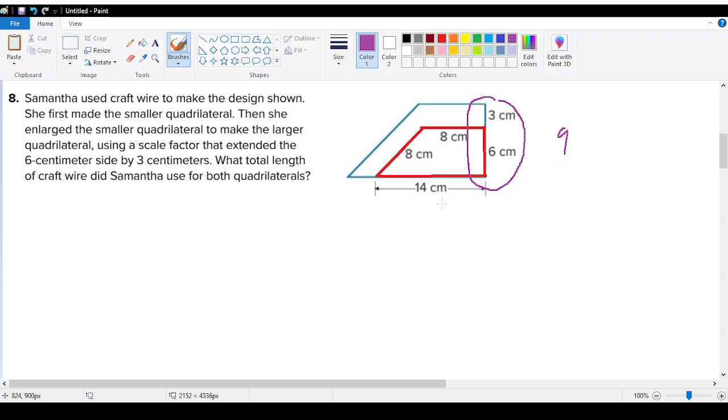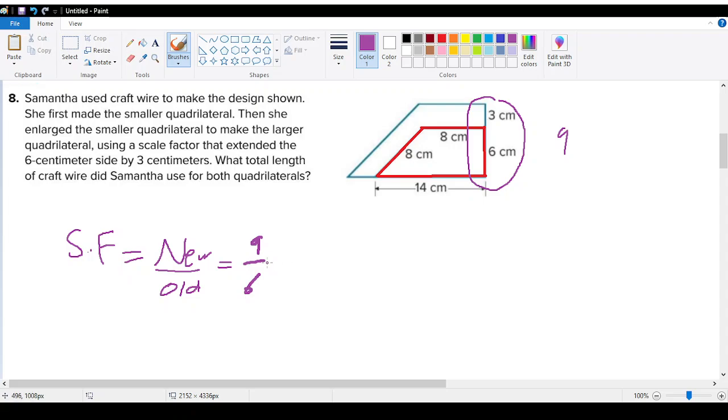Now, what is the scale factor, Shamsa? S.F. is scale factor. Do you know what's the rule? New over old. Right? So what is the new? 9. What is the old? 6. 9 over 6, how much? Can you do it? 3.